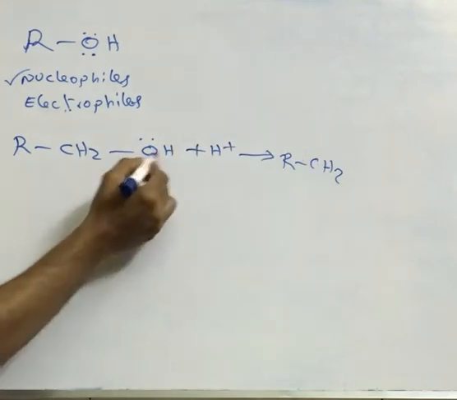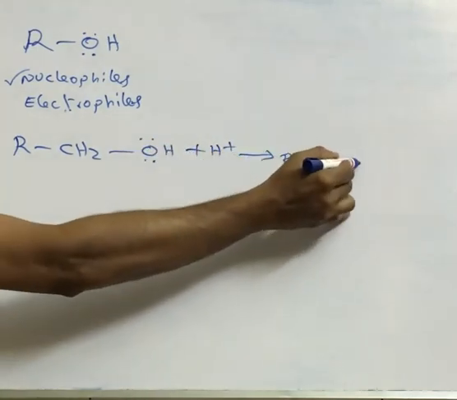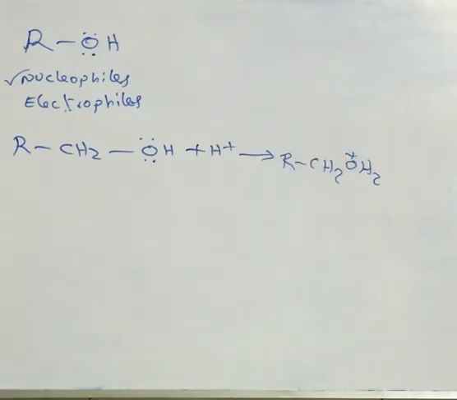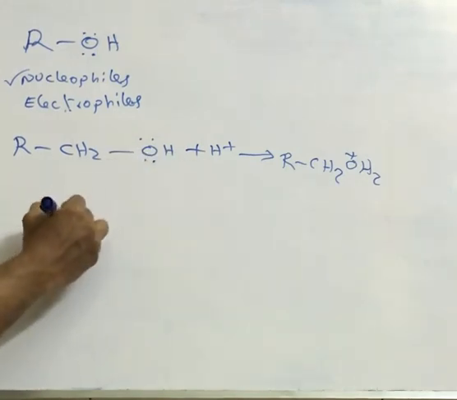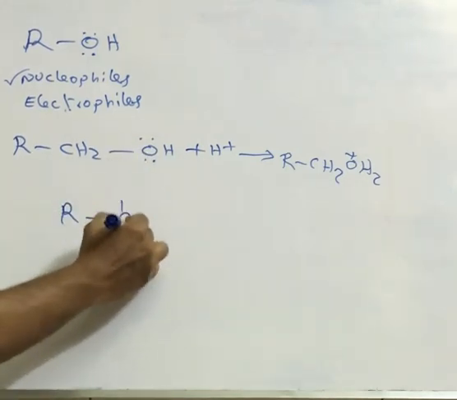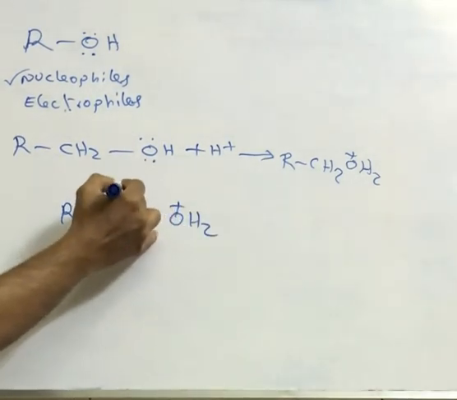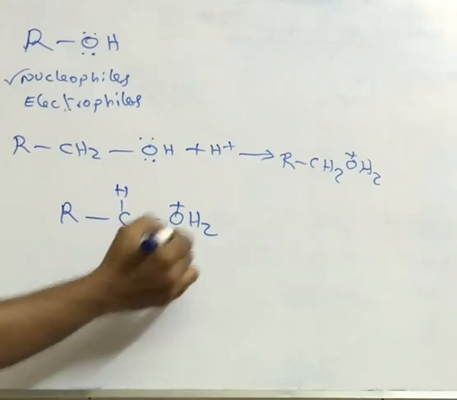RCH2OH, this H plus will come, so OH2 plus, or RCH2OH2 plus, that is a protonated alcohol. So once it is a protonated alcohol, now I am writing RCH2OH2 plus with H and H. The same was written like this.